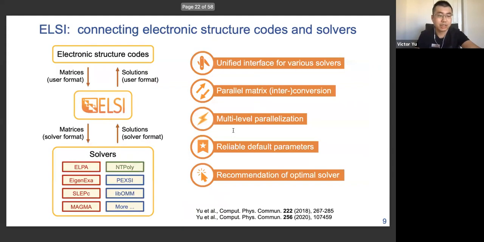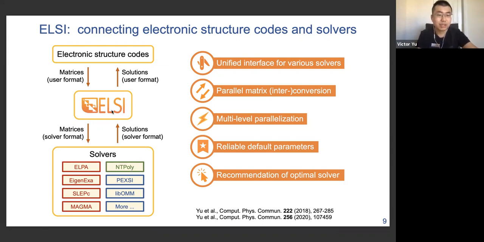So this motivated us to develop a software infrastructure called ELSI, which is basically a unified interface to a number of existing eigensolver libraries and density matrix solver libraries.